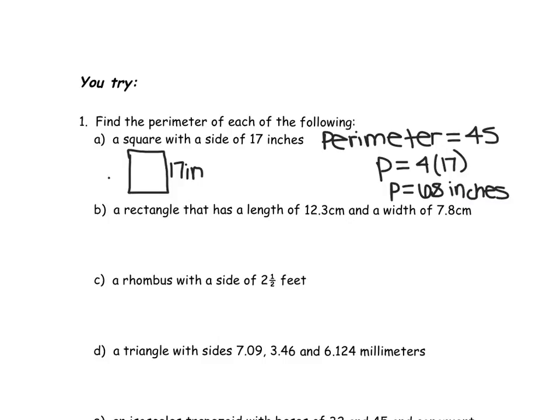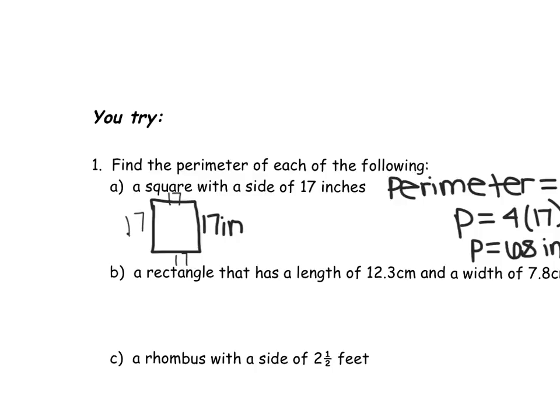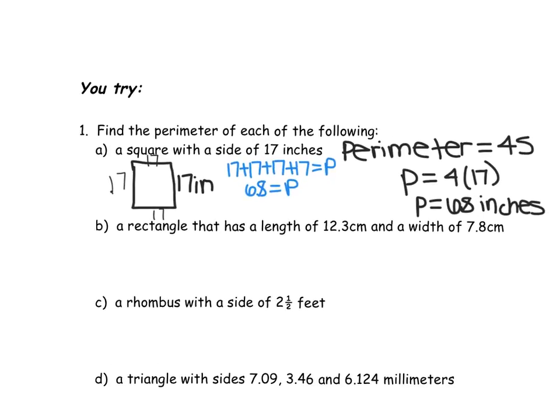Your other option is 17 plus 17 plus 17 plus 17, and that would get us the same perimeter of 68. Whichever way you want to do it is fine. Just make sure that if you add all the sides together, and it's a 4-sided figure, a quadrilateral, you add together 4 of its sides.